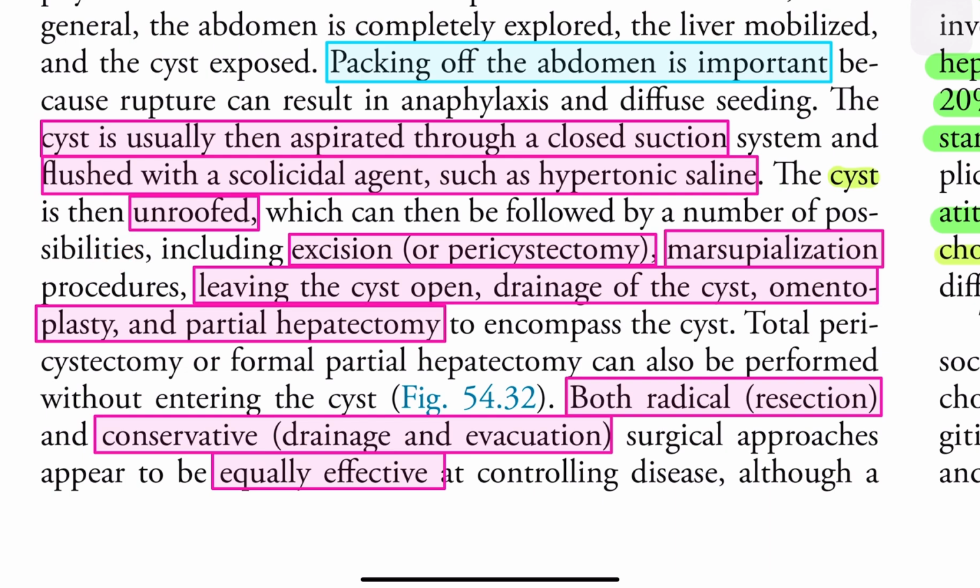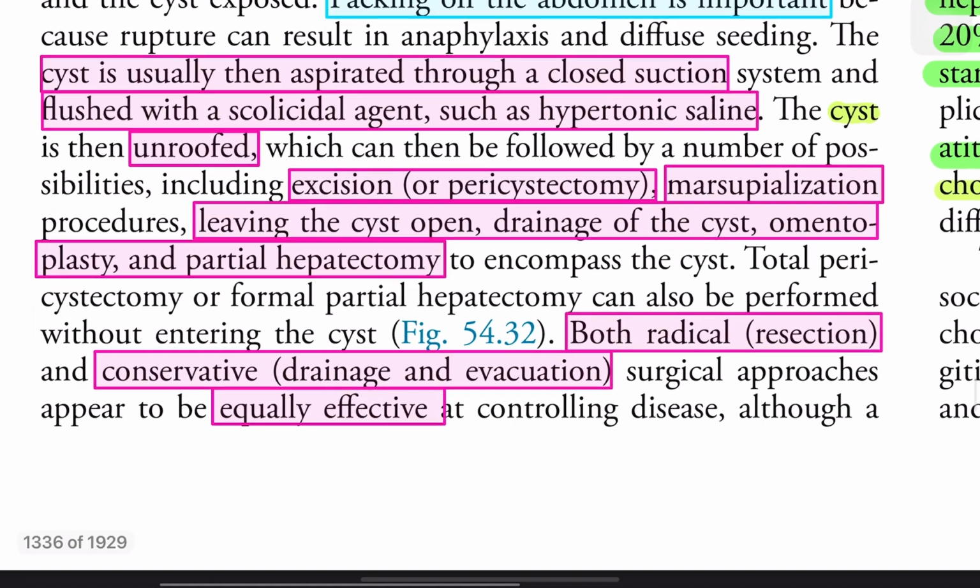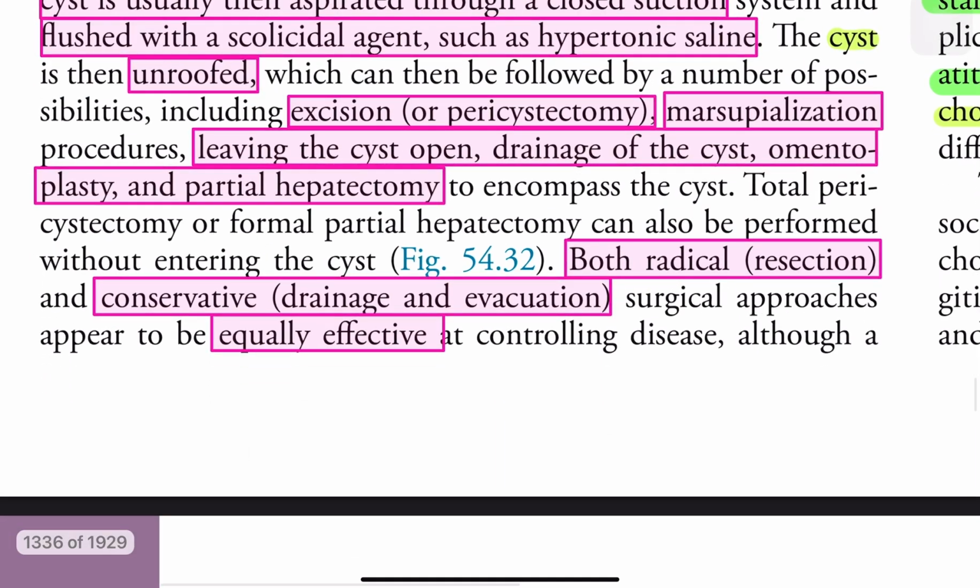If you do excision, it is also known as pericystectomy, or you can also do marsupialization, leaving the cyst open, drainage of the cyst, and omentoplasty and partial hepatectomy. Both radical resection and conservative drainage and evacuation surgical approaches appear to be equally effective. Radical means resection, and conservative means drainage and evacuation.